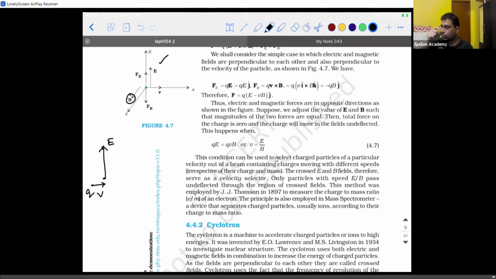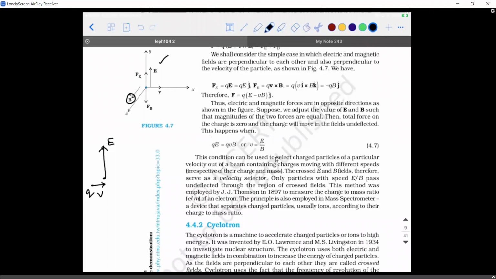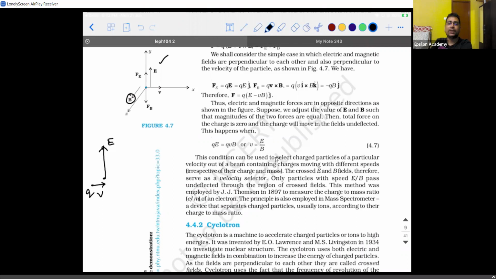As soon as the charged particle enters the electric field, in which direction will it experience the force, assuming the charged particle is positive? Towards the electric field, that's right. Whenever a positively charged particle is projected into an electric field, it experiences force in the direction of the electric field. Perfect. Now, I have a magnetic field in the Z direction.